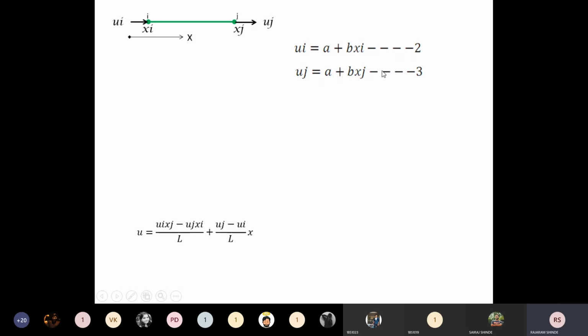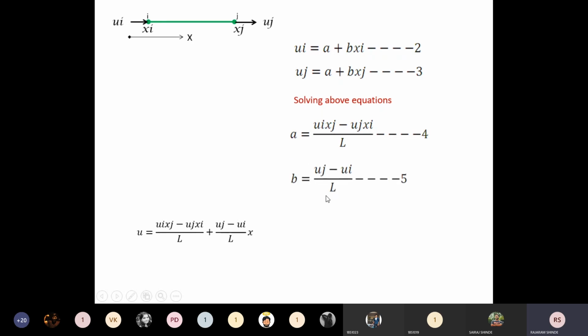Now these two equations we have solved simultaneously for a and b. Here a is equal to ui xj minus uj xi divided by l, where l is the length of element, that is xj minus xi. b is uj minus ui divided by l. That values you will get.